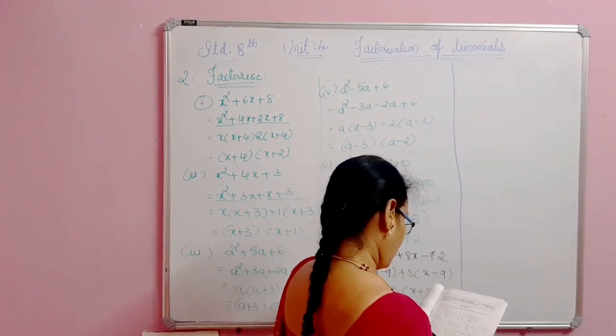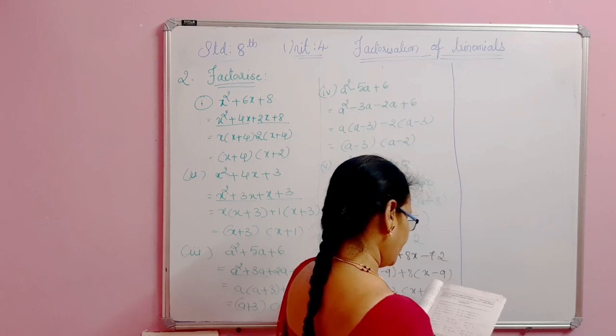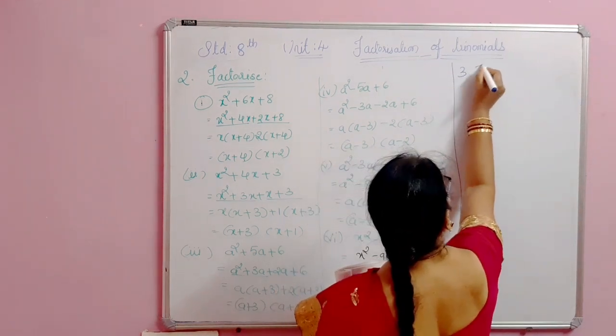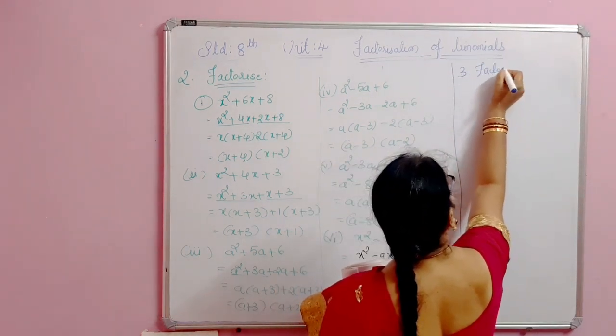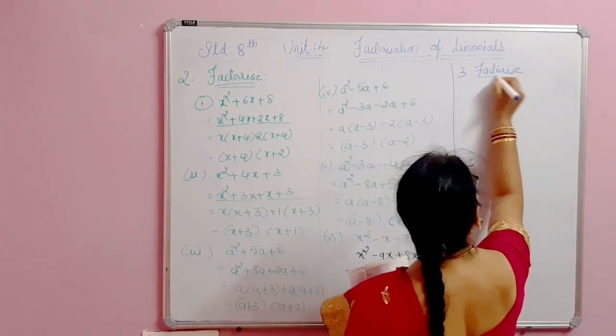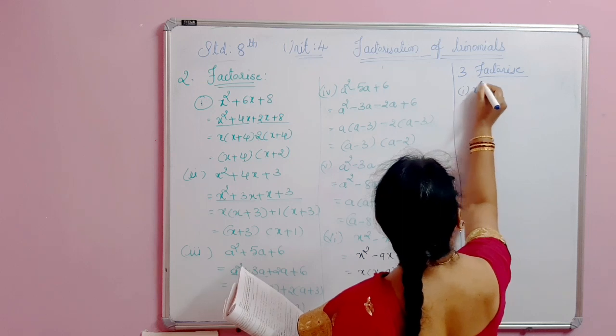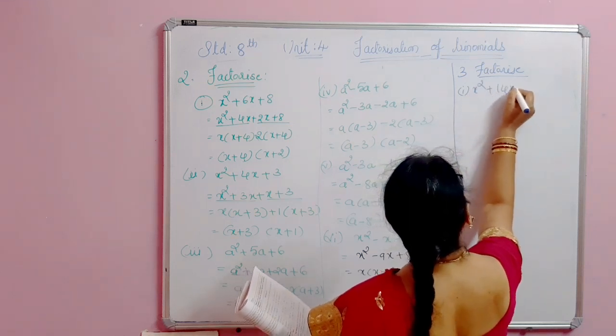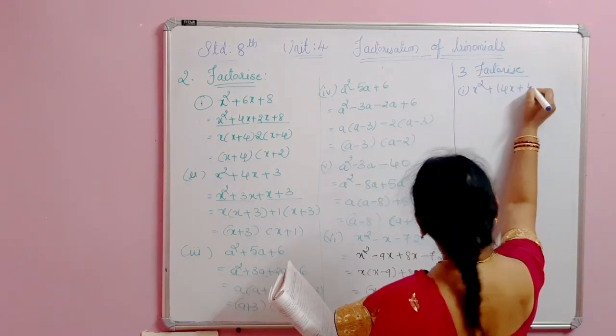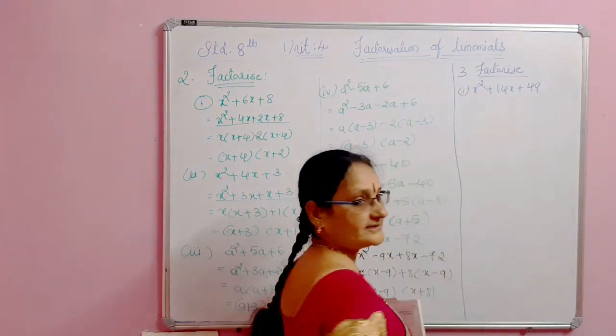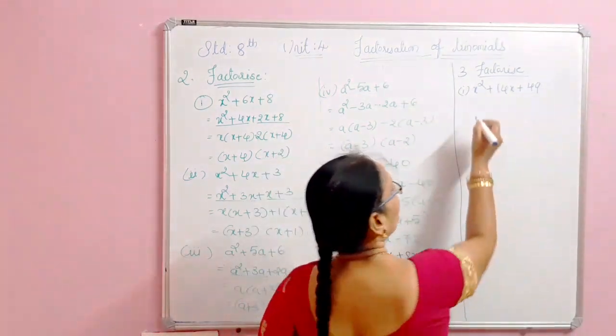Lastly, the first one you will do, very easy it is, but still I will do it. Factorize. See, first one, x square plus 14x plus 49. See, 7 7s are 49. 7 plus 7 is 14.